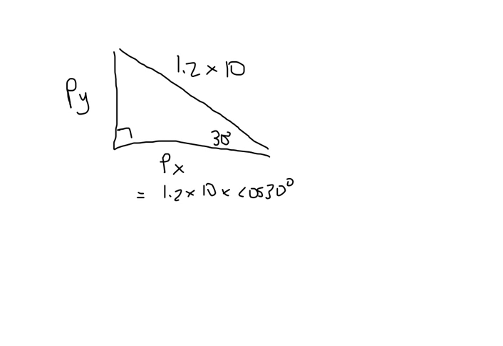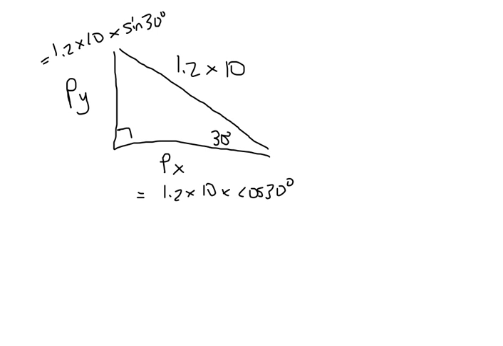And this one up here would be 1.2 times 10 times the sine of 30. Is that something familiar? Y values are always sine, and adjacent should be cosine. Okay, that makes sense, right? This is the opposite side of this angle, so it involves sine.